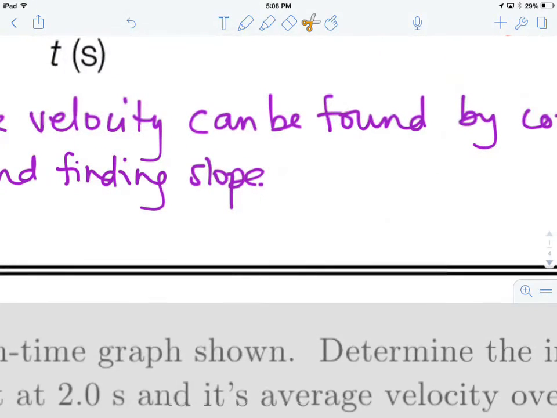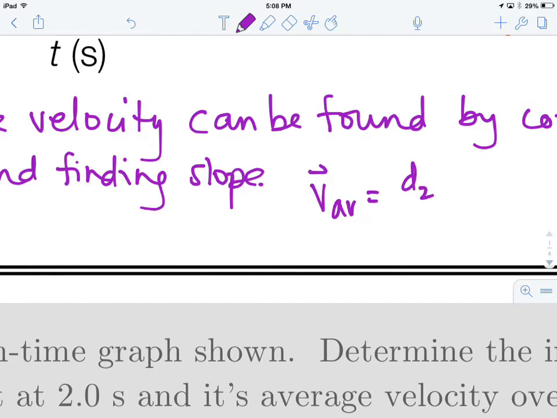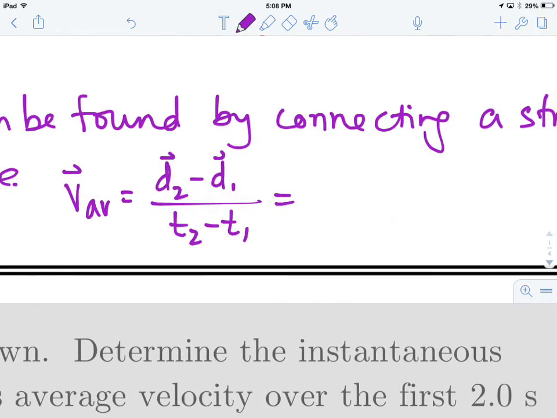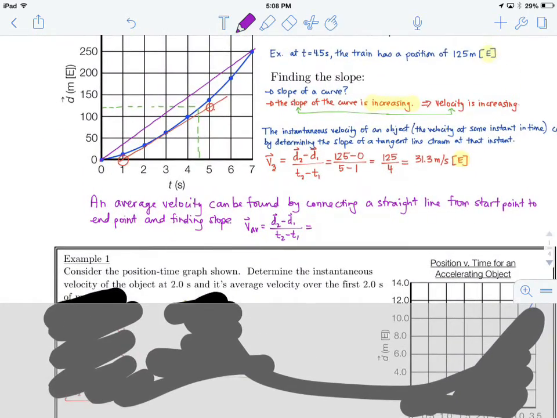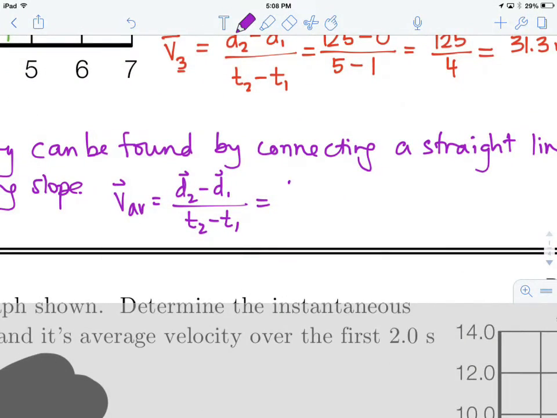V average is equal to D2 minus D1, vector, over T2 minus T1, and a quick calculation shows 250 meters east minus 0, over 7 minus 0.